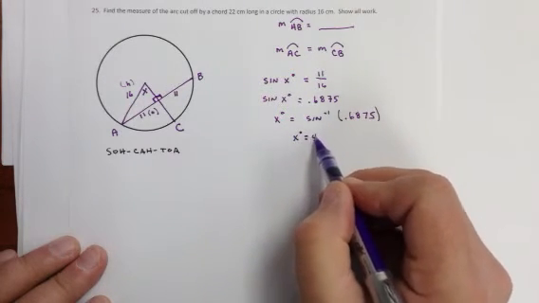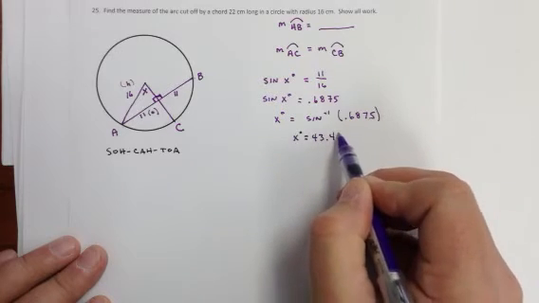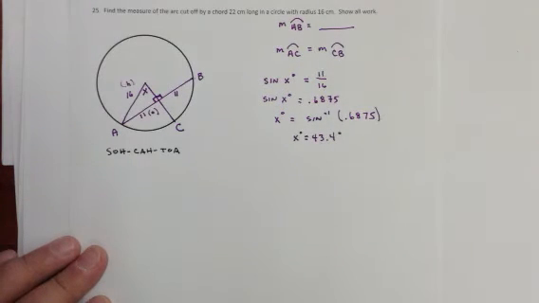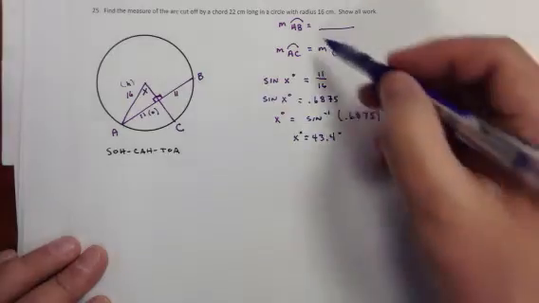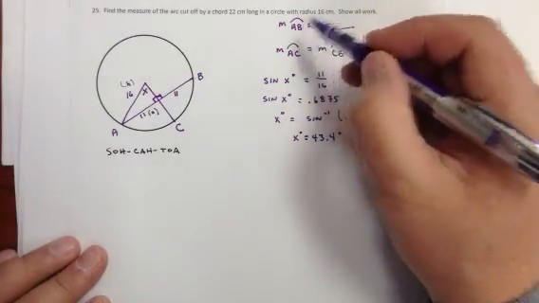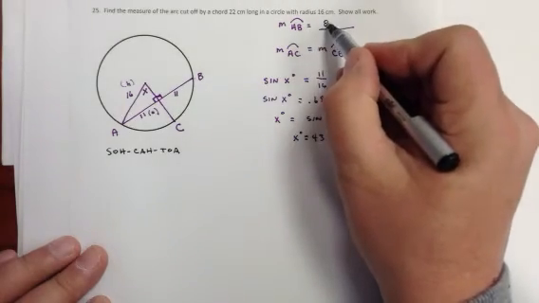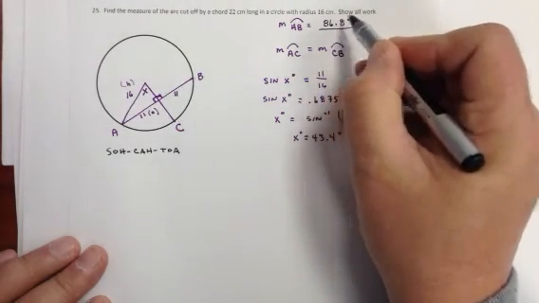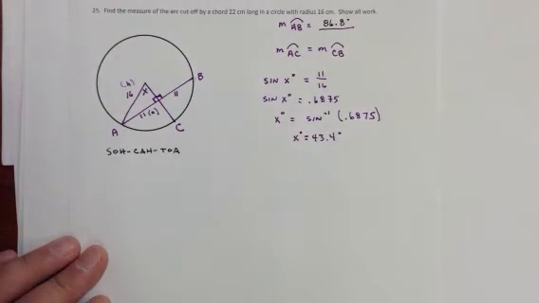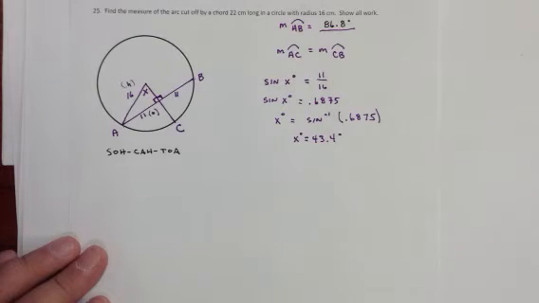And that will give me approximately 43.4 degrees. And I double that to get the measure of arc AB. So I have 86.8 for number 25. You're going to have to draw the picture for Monday's test.